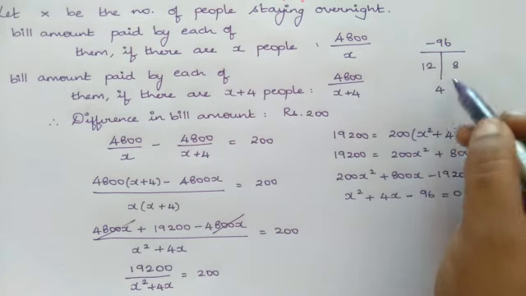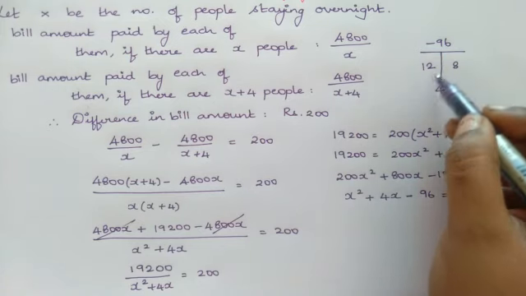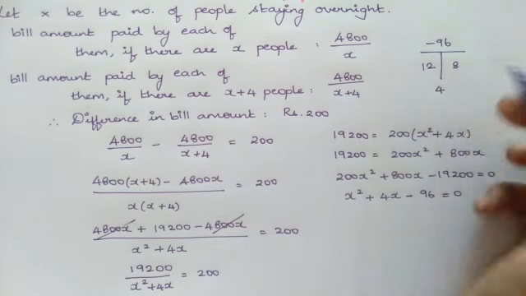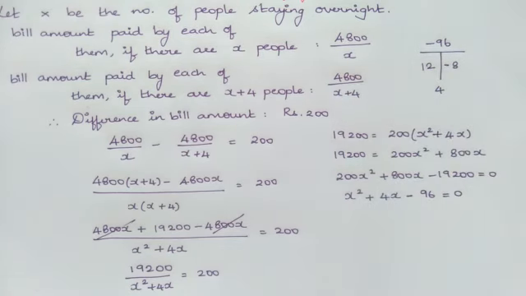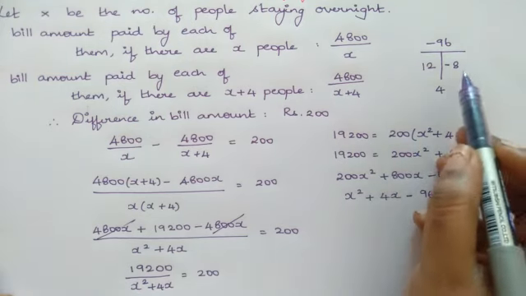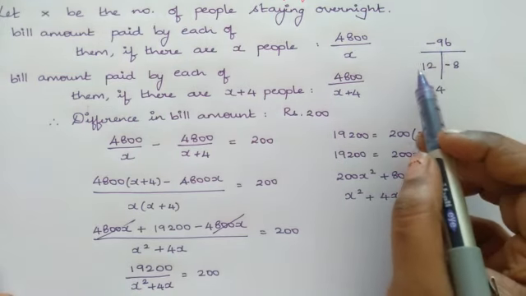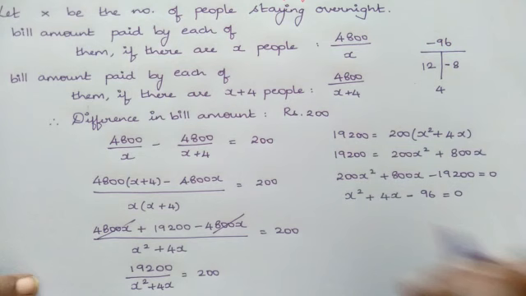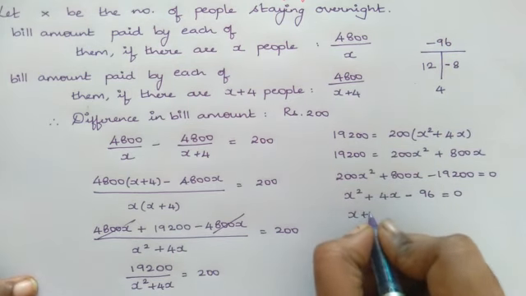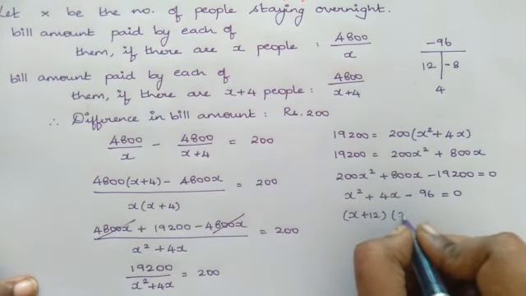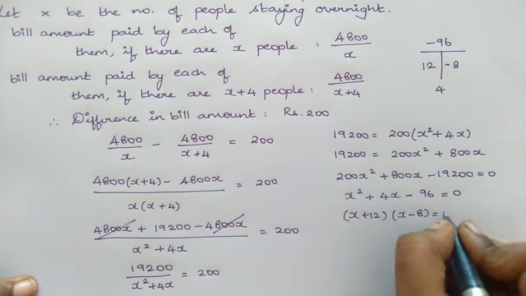Since 4 is positive, the greater number should be positive, so 8 should be given the negative sign. So 12 into minus 8 will be minus 96, and 12 minus 8 will be 4. So the factors will be x plus 12 and x minus 8, which is equal to 0.